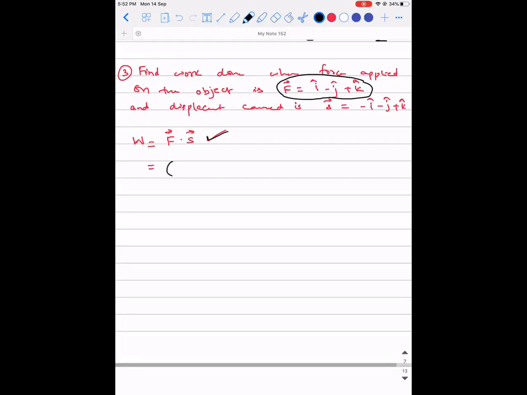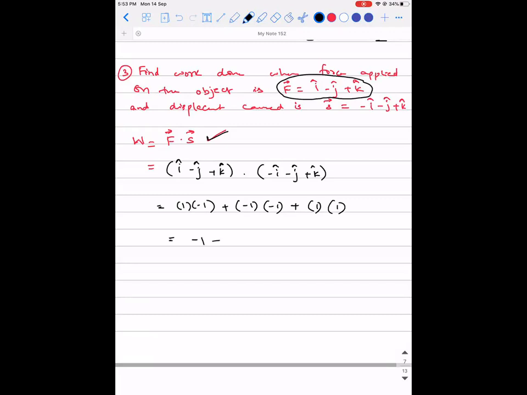So when you do that, you are going to get I cap minus J cap plus K cap dot minus I cap minus J cap plus K cap. How to do the dot product between two vectors? You multiply their coefficients and add. So coefficient of I cap and minus I cap: 1 into minus 1, plus coefficient of J cap in the first one is minus 1 and the second one is also minus 1, plus coefficient of K cap in the first part is 1, coefficient of K cap in the second part is also 1.